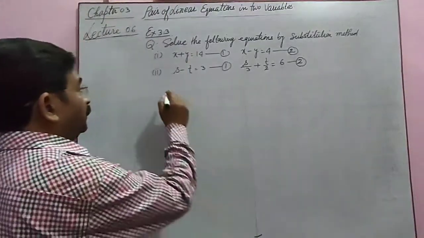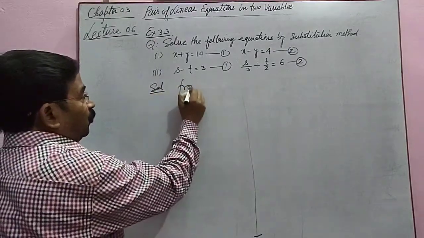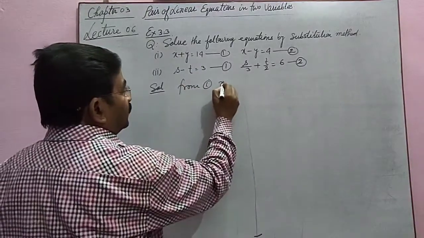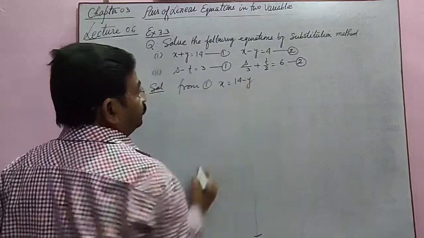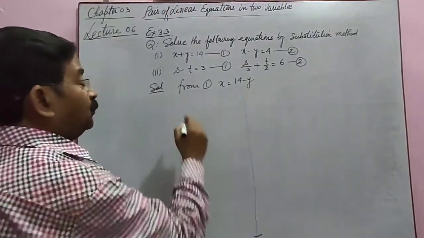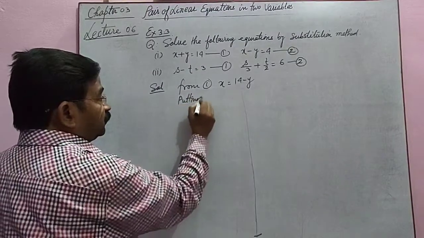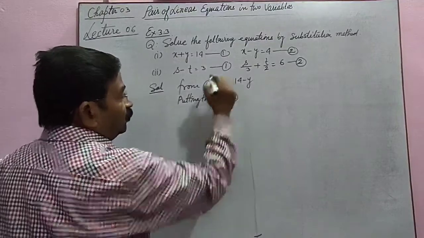Suppose I am taking the solution from equation 1. Put x is equal to 14 minus y. Now putting this in equation number 2.